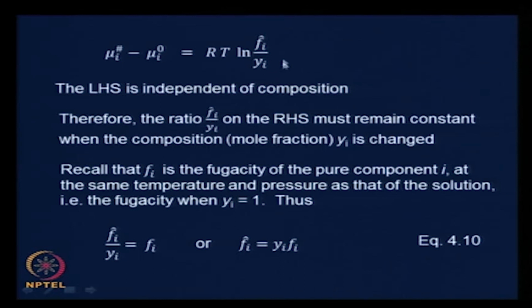Therefore, this has to remain constant when yi is changed between the ranges that it can take. If we look at one particular value, which is when yi equals 1, Fi hat by yi must equal Fi by 1, because when yi becomes 1, Fi hat becomes Fi, and therefore, Fi hat equals yi into Fi.